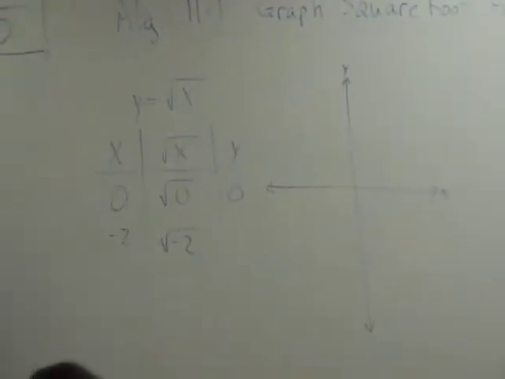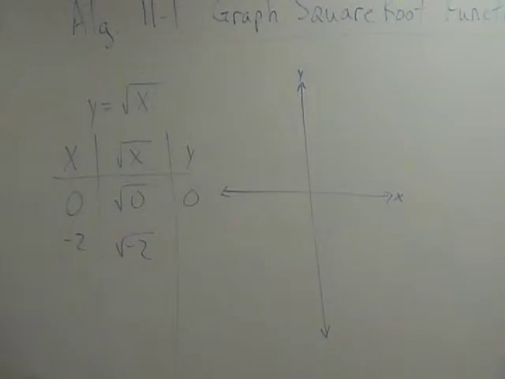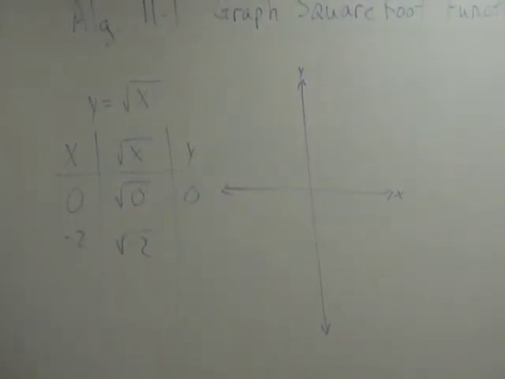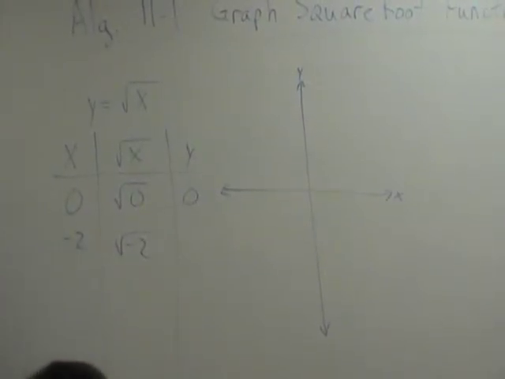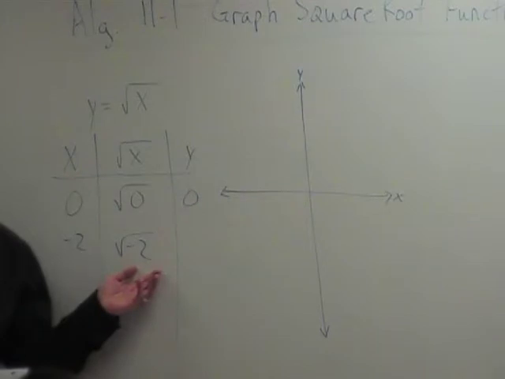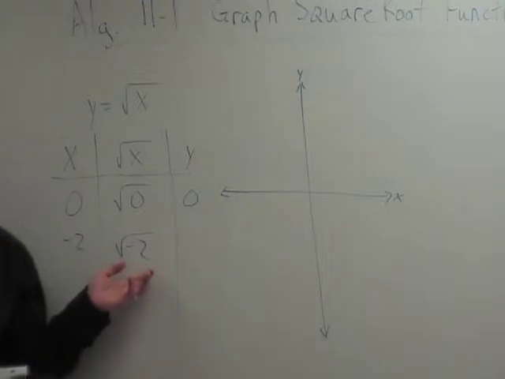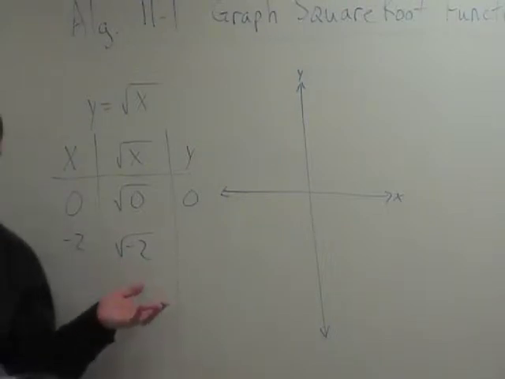Okay, so no negatives work if the whole value under the radical is negative. Whatever makes the value underneath the radical 0 and positive, those are the values you need to look at. So I'm giving you a hint.